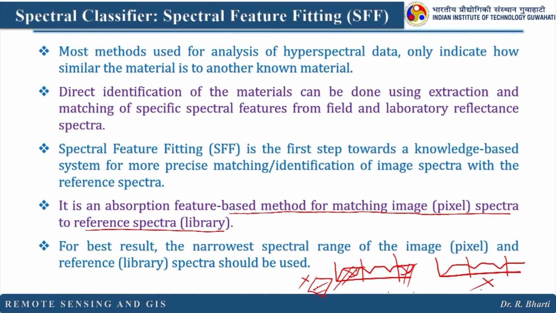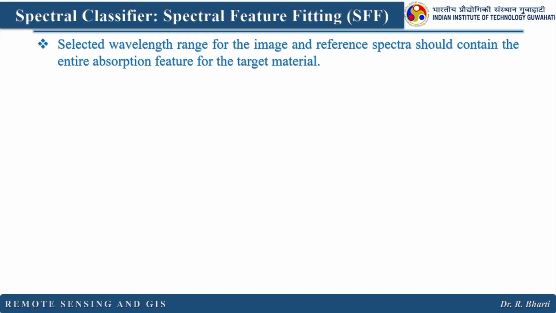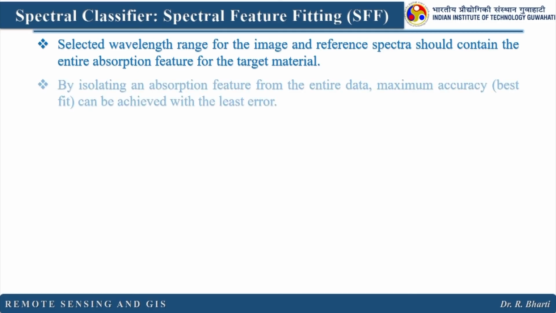So remember here, when you are going to target X material, then you should use all the absorption troughs for X. You should not avoid any of them. Otherwise, you will end up identifying some wrong material, right. So the selected wavelength range for the image and reference spectra should contain the entire absorption feature of the target material. This is the same thing which I have explained.